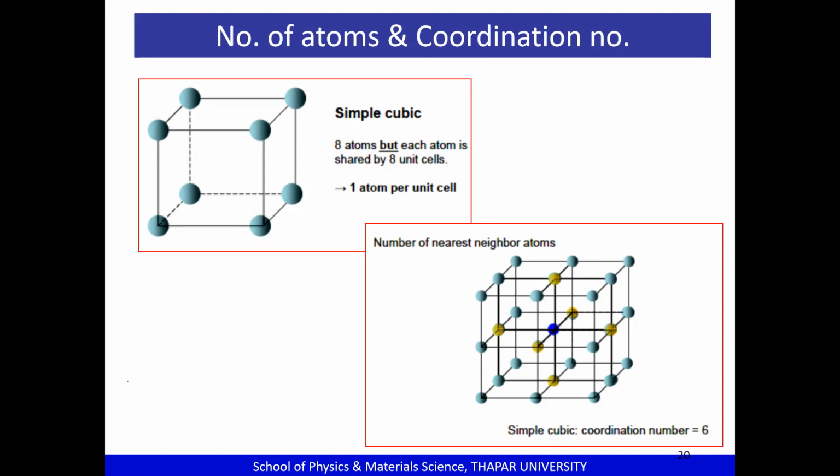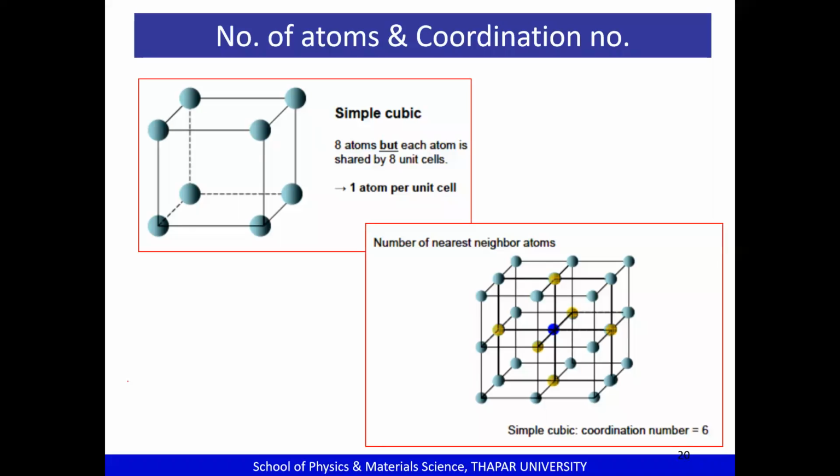And this defines the number of neighbors, or say the coordination number, for a simple cubic unit cell. So if somebody asks what is the coordination number for the simple cubic unit cell, it is equal to 6. Now if you do the same exercise for any other lattice point, you will find that corresponding to every lattice point, there are 6 such neighbors surrounding that particular lattice point. Try to do it by yourself.